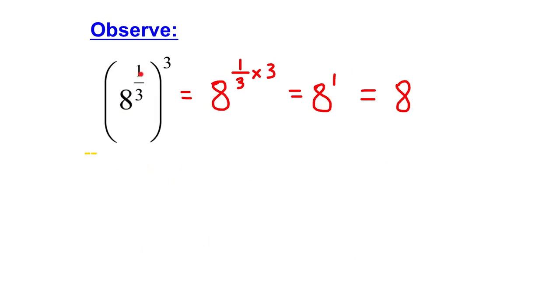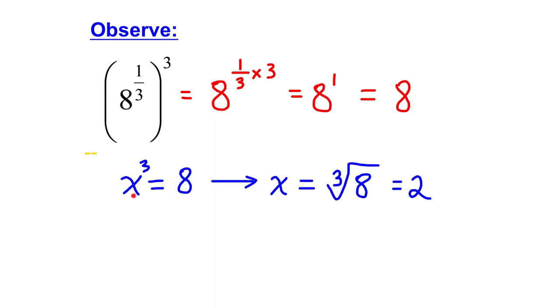8 to the exponent 1 over 3, cubed. Simplify this power by multiplying the exponents. I get this. The answer is 8. In the warm-up, I had x cubed equals 8. I solved for x by taking the cube root of 8, which was 2 as the answer, because 2 cubed is 8. So x is equal to the cube root of 8.